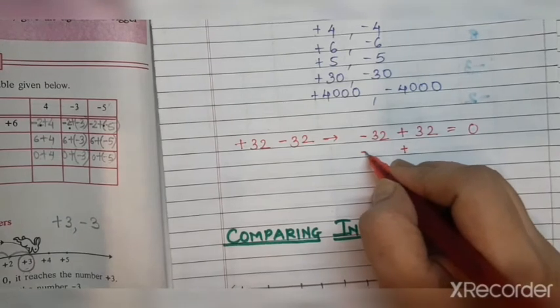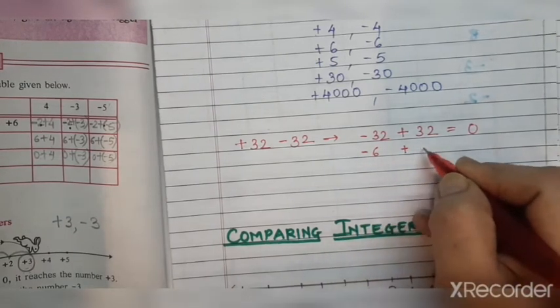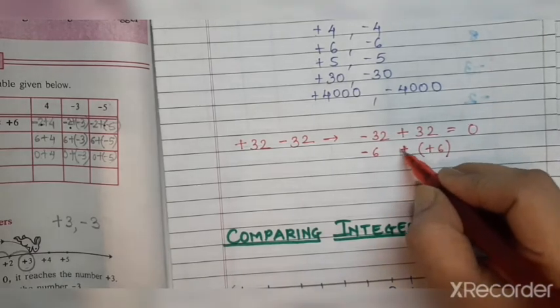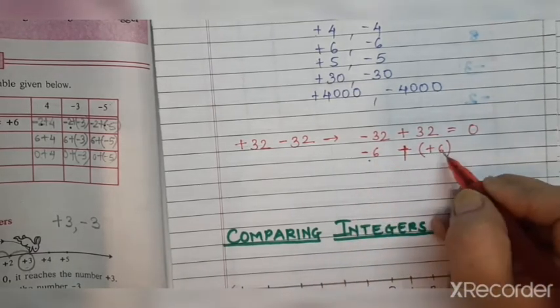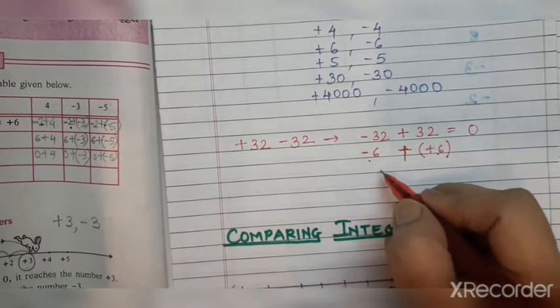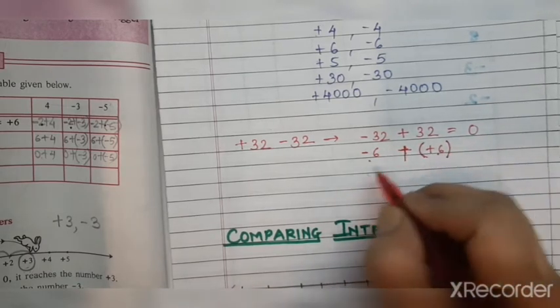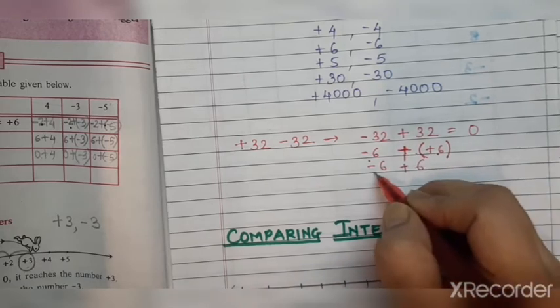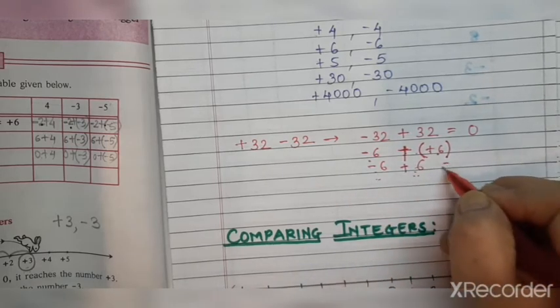So the addition of any two opposite numbers, if you take minus 6 and plus 6, I have taken the sum of minus 6 and plus 6. The answer is 0 only. If you say there is a bracket, yes, solve the bracket if you want. Plus into plus is plus. And the answer is 0.